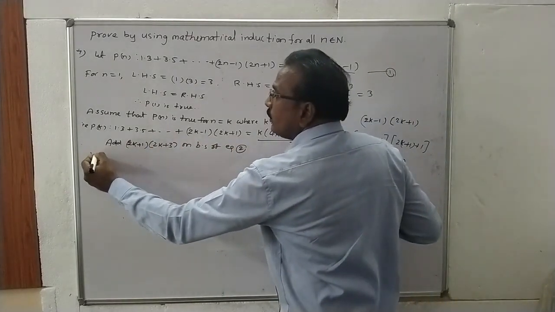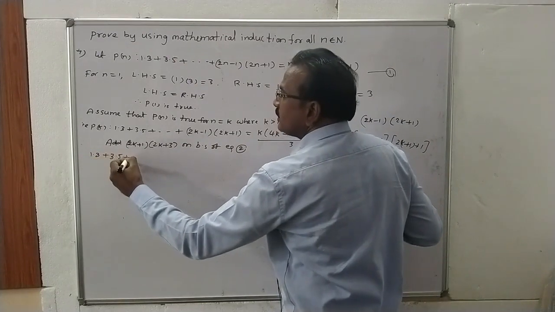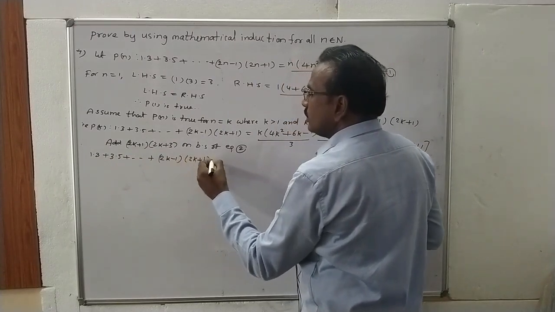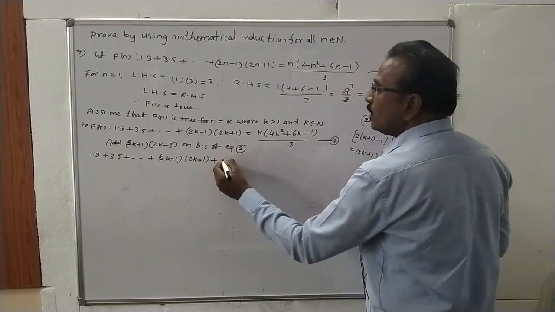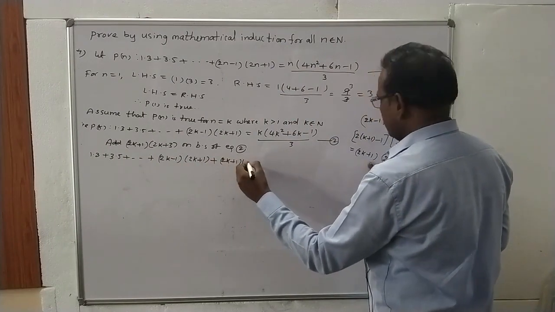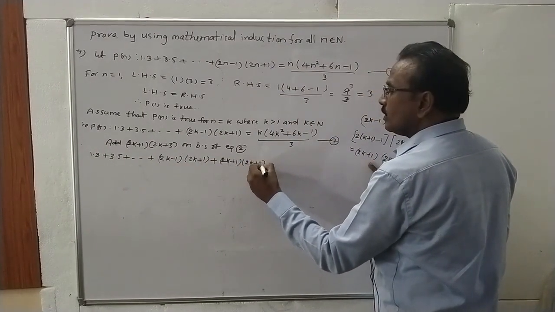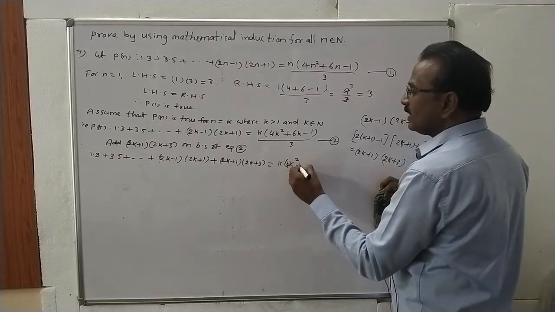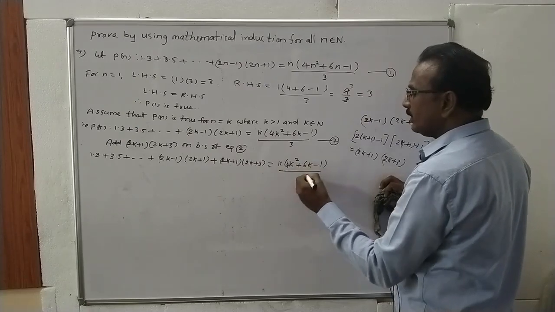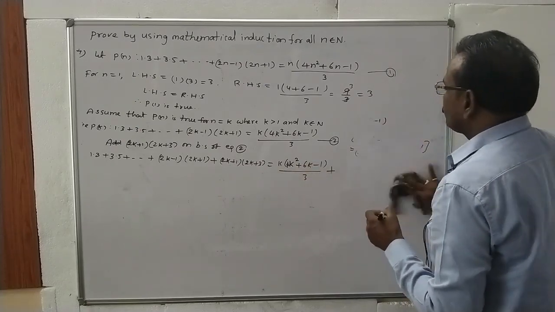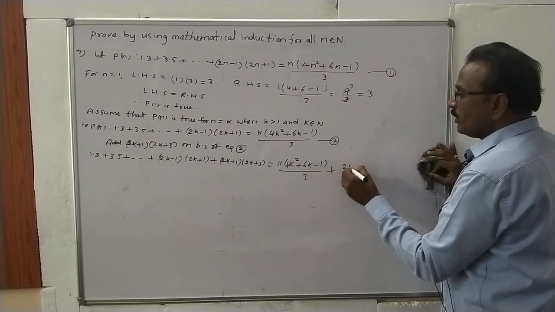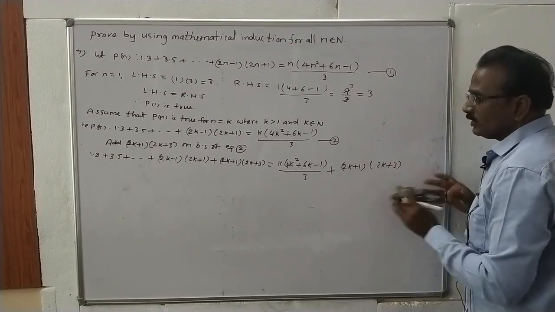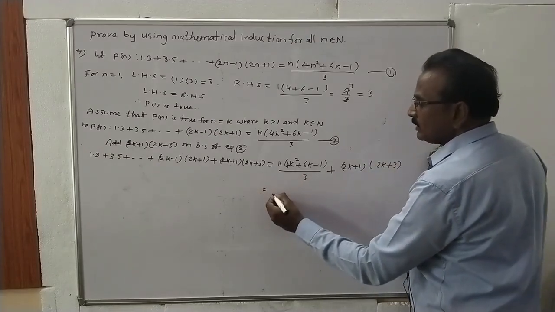LHS is 1 into 3 plus 3 into 5 plus dash dash dash 2k minus 1 into 2k plus 1, plus, add this term 2k plus 1, this is the k plus 1th term, into 2k plus 3, is equal to k into 4k square plus 6k minus 1, divided by 3, plus 2k plus 1 into 2k plus 3. What is the first step? LCM. Here what is the LCM?